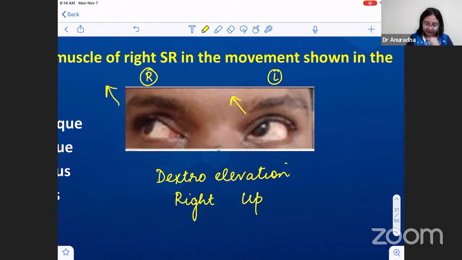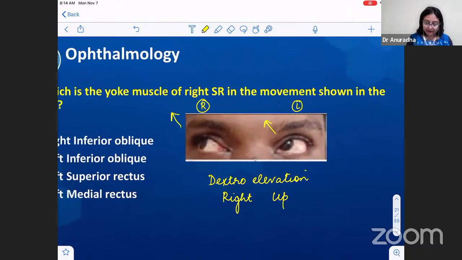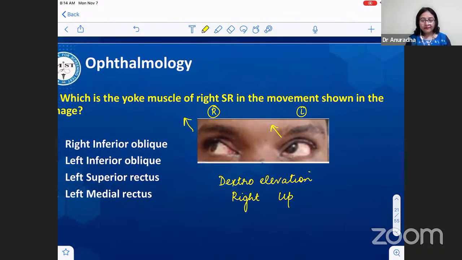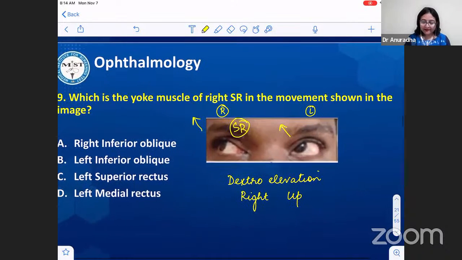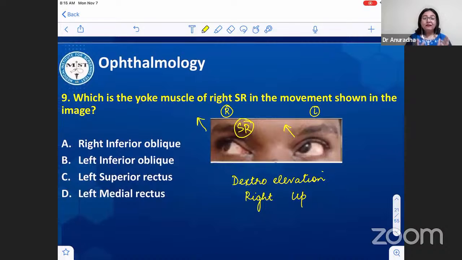And in one eye, they have already told you that the right superior rectus is the one which is taking the eye up. So what is the yoke muscle? The yoke muscle is the muscle in the other eye which is helping in the same movement. The choices are right inferior oblique, left inferior oblique, left superior rectus, left medial rectus. So right goes away because only one muscle will be acting in one eye for a particular direction.